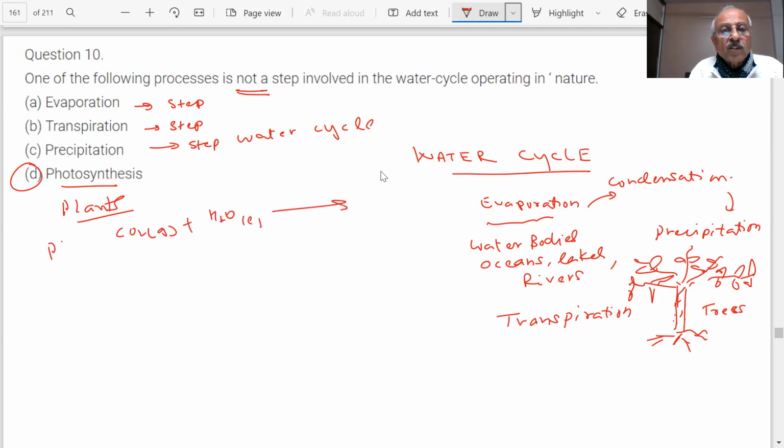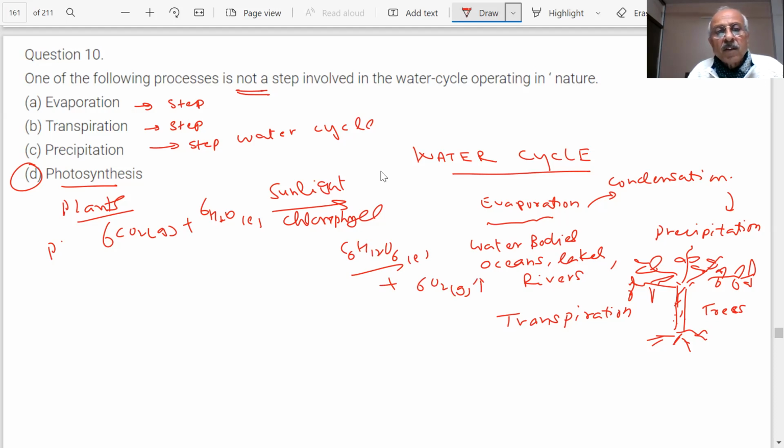This is used by the plants, with chlorophyll. What is the result? What do they get? Glucose and oxygen. So they are using water in this process. Therefore, the answer is D, student. That is the correct answer given by the students.